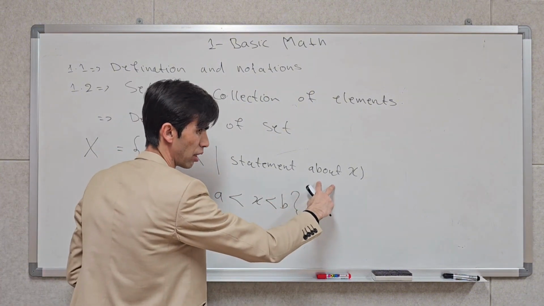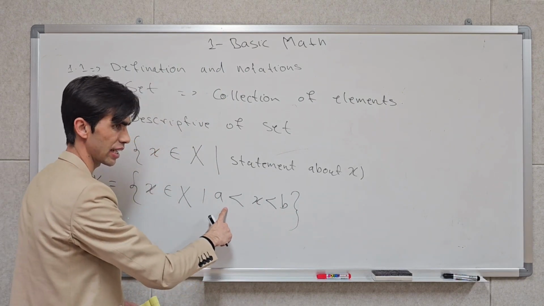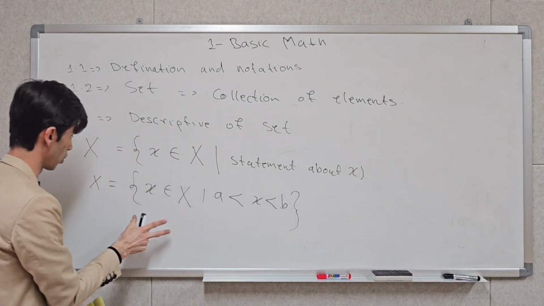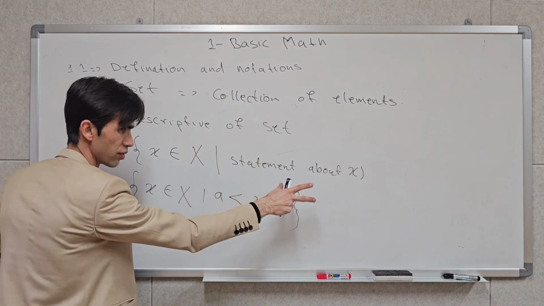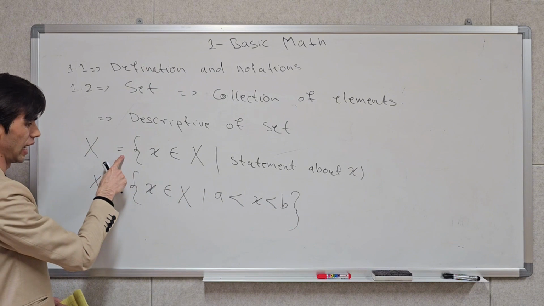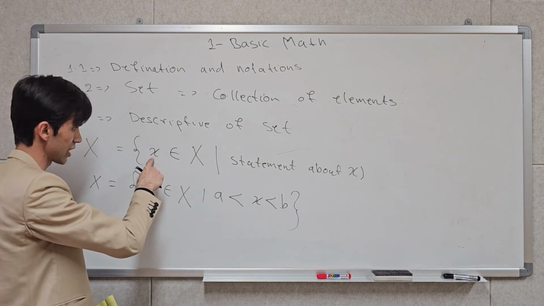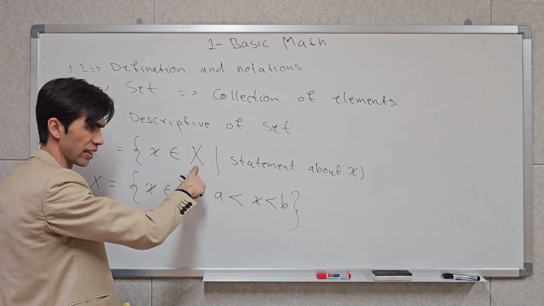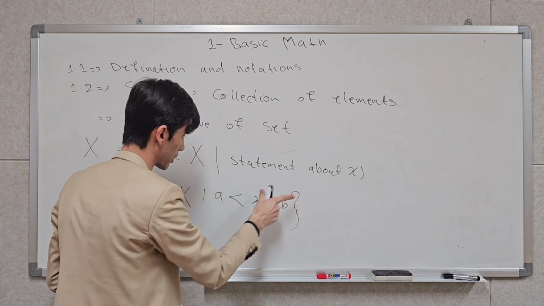So this statement about x becomes: x is less than b and greater than a. This is the element, this is the name of the set, such that a statement about x. A statement about x can be anything.